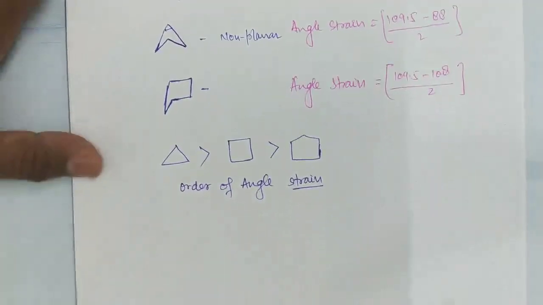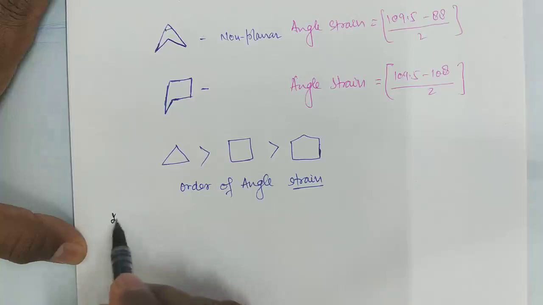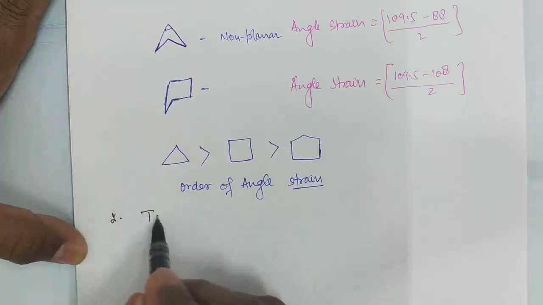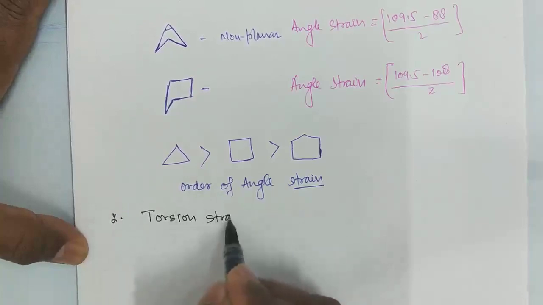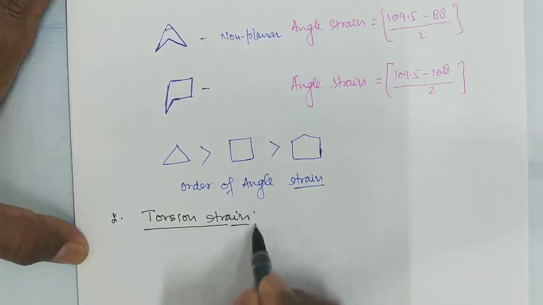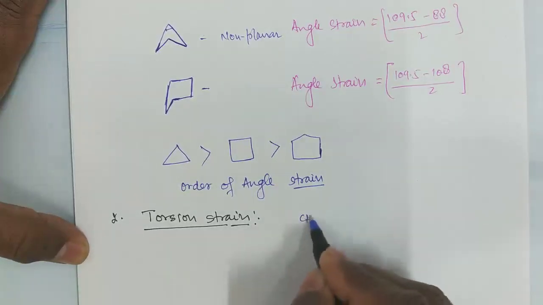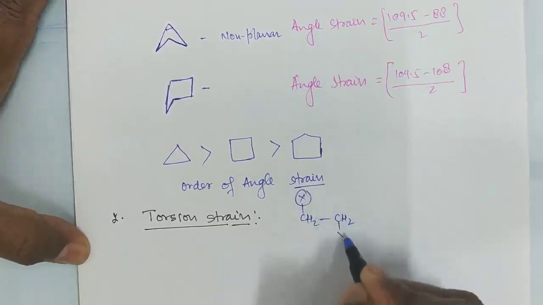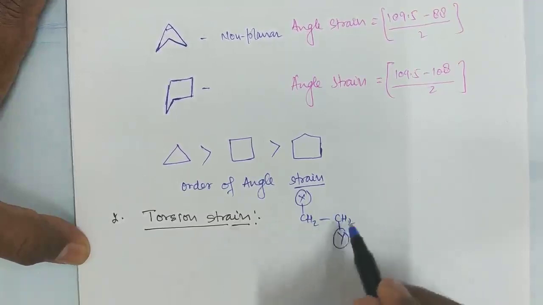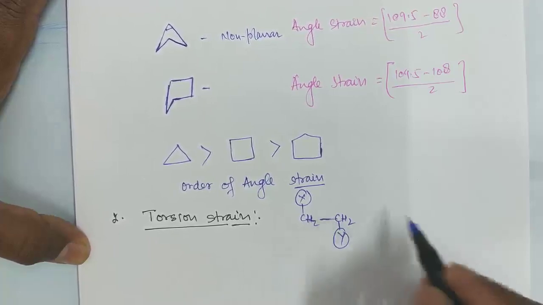Second one is the torsion strain. As we discussed earlier, many times we have encountered this word torsion. So torsion strain: suppose that we have a structure like this, CH2, X and Y, and so there is a dihedral angle.